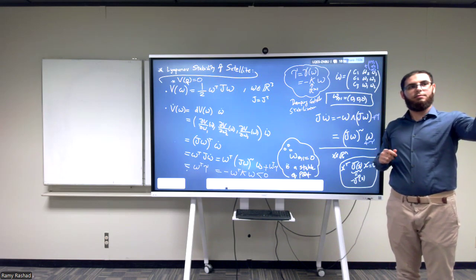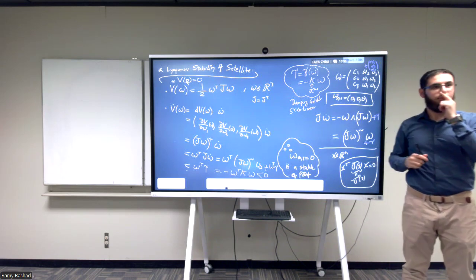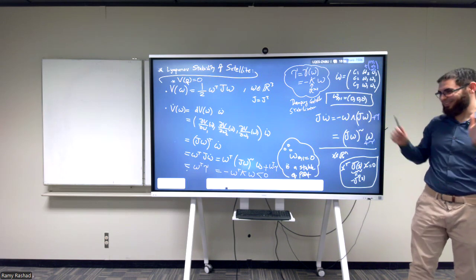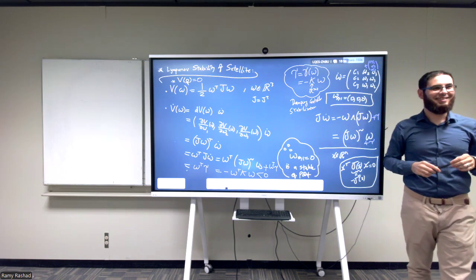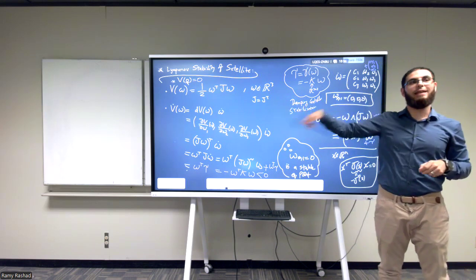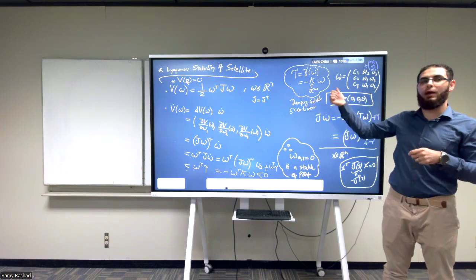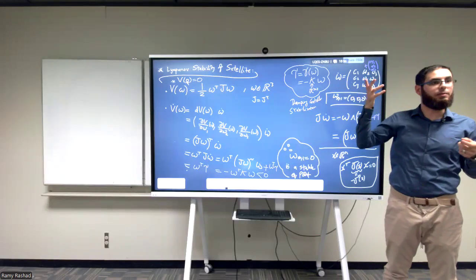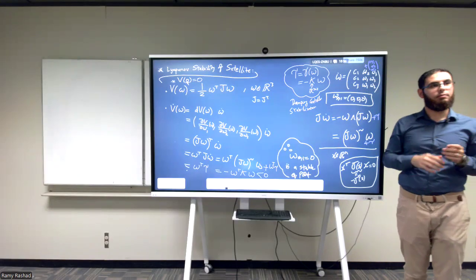What about the opposite case? I have this satellite and I want it to move. That's another lecture. We need to choose another Lyapunov function and then stabilize it with the same principle.